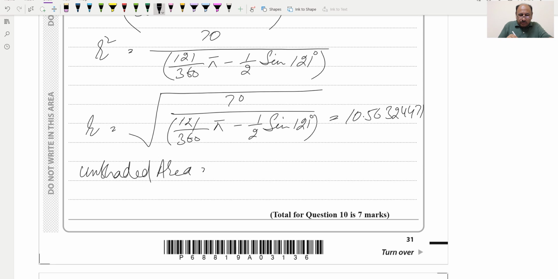It will be equal to the area of the circle minus 70, which is the shaded area. So the area of the circle is pi r squared minus 70, which is equal to pi into 10.56 squared minus 70.